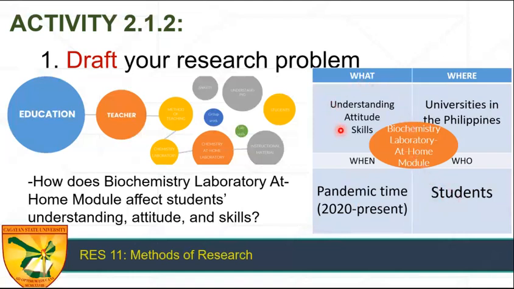I already have my understanding, attitude, and skills. I have the universities in the Philippines. So I can insert here during the pandemic. So again, how does biochemistry laboratory at home module affect students' understanding, attitude, and skills in the universities in the Philippines during the pandemic?